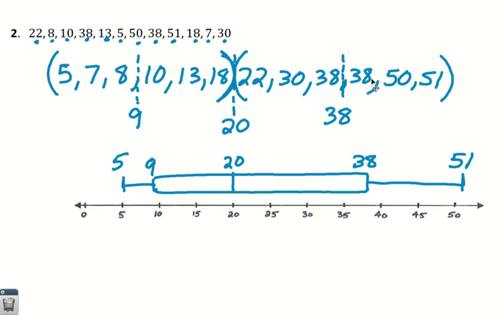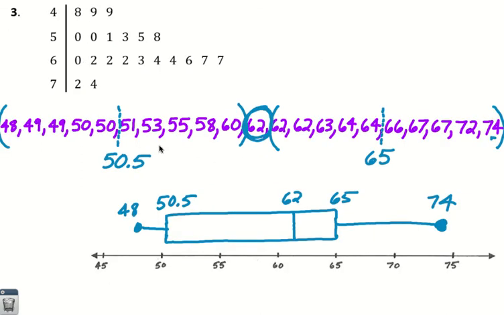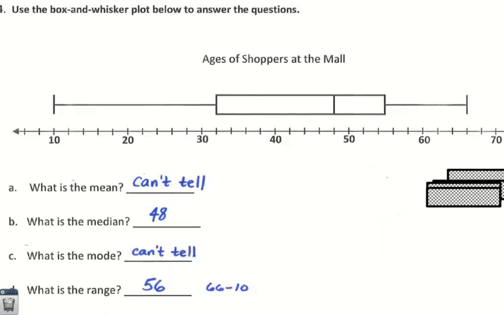Like in this case over here, it cut the data exactly in half. But in this case, it didn't cut the data into exact halves because the lower half is like 10 numbers out of the 21. So this is a situation where it doesn't cut the data into two exact halves.